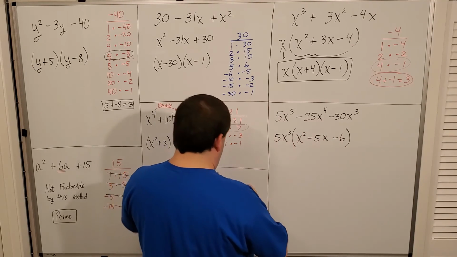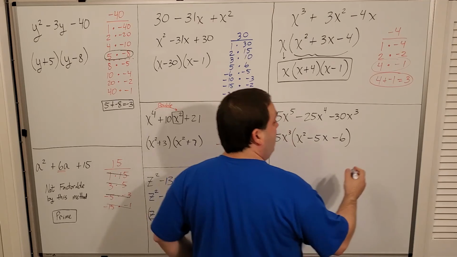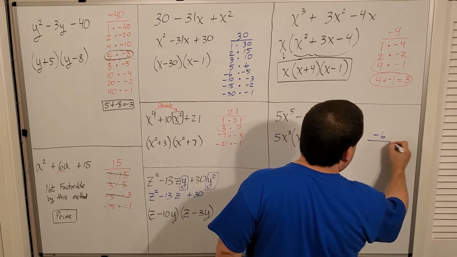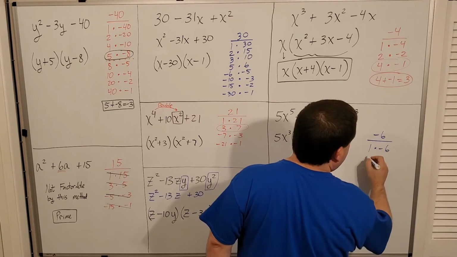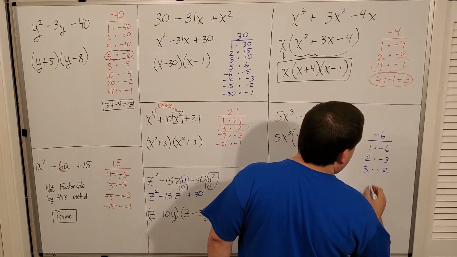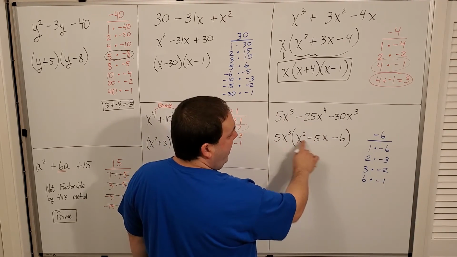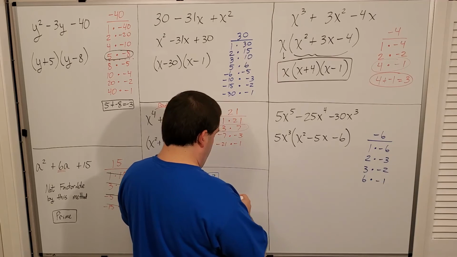Now, I just need to make a list for negative 6. Easy task, right? Negative 6 is going to be 1 times negative 6, 2 times negative 3, 3 times negative 2, and 6 times negative 1. I need to add to negative 5.